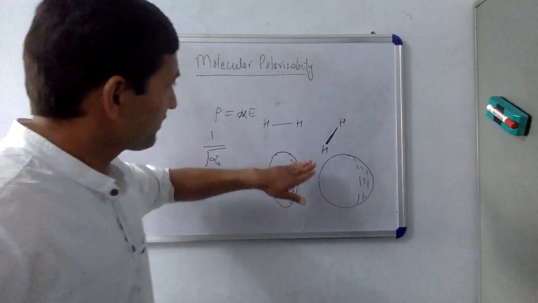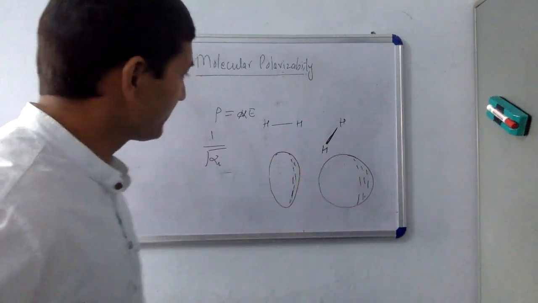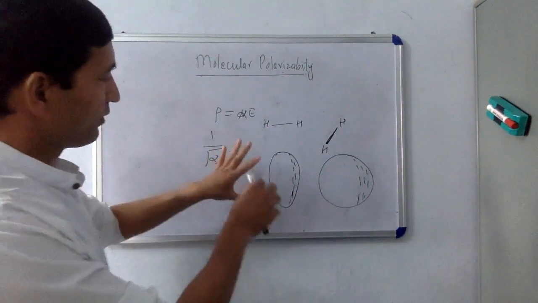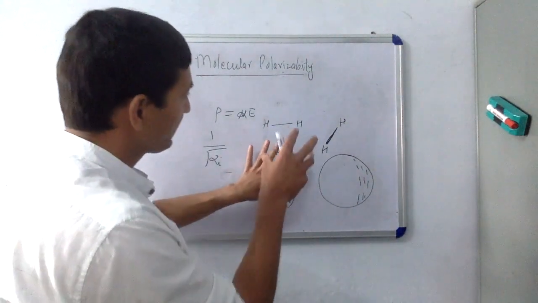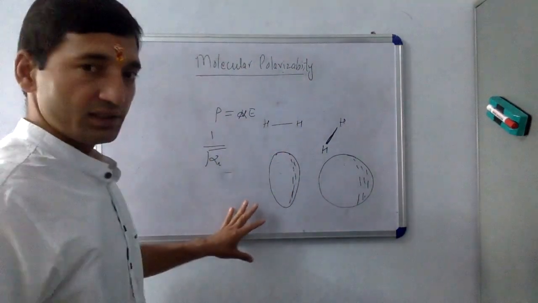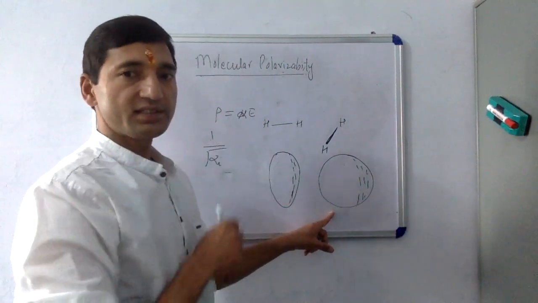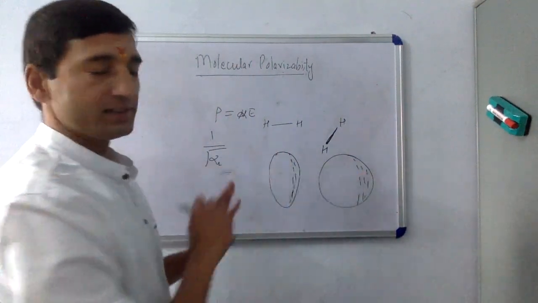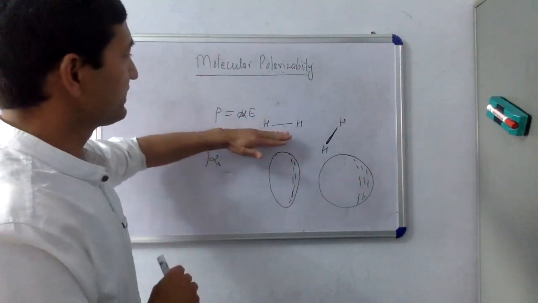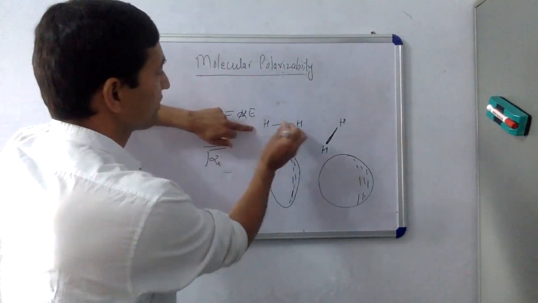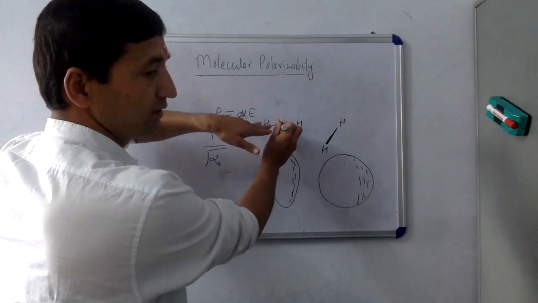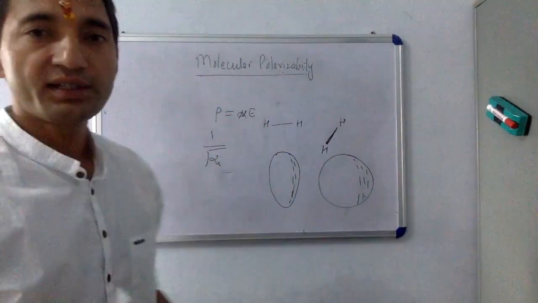Even now, if I am applying the field across, we see that the cross section of the diatomic molecule, in the perpendicular direction to this, is circular, so the polarizability ellipse is almost circular. In all directions perpendicular to this bond axis, if I am applying the field, I am getting the same polarizability.